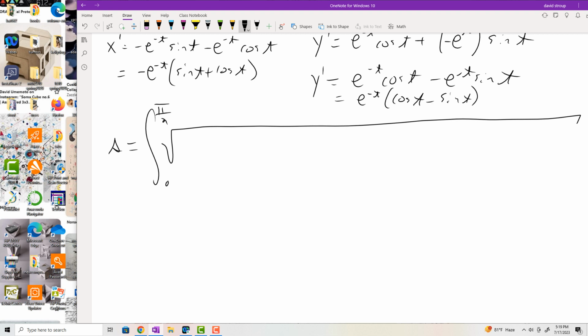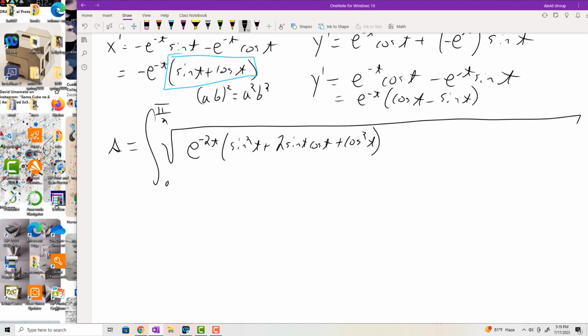So when we square it, squaring a product is the same as squaring each individual term. So I can square negative e to the negative t. That will just be positive e to the negative 2t, and then FOIL out this thing, right? So that would be sine squared t plus 2 sine t cosine t plus cosine squared t, and then plus this next one, squaring e to the negative t is e to the negative 2t.